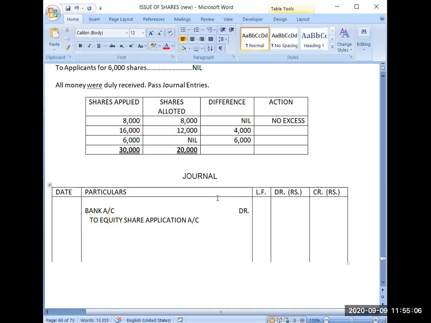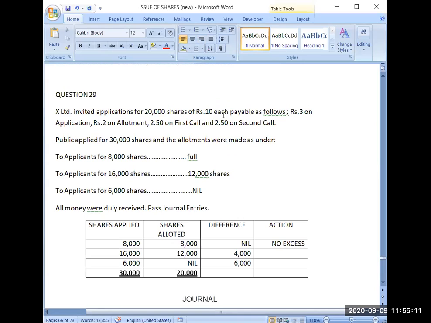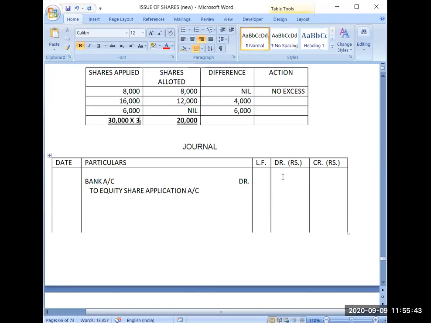Name the column. Yes, very good. So now see the application money per share. Okay. Now tell me whether the share has been issued at par, at premium, or at discount. Face value is 10, and when you will check the total of the breakup, that will also compare. So shares are issued at par. So application money is rupees 3 per share. So this number we have to multiply by 3. So that will be our application money.